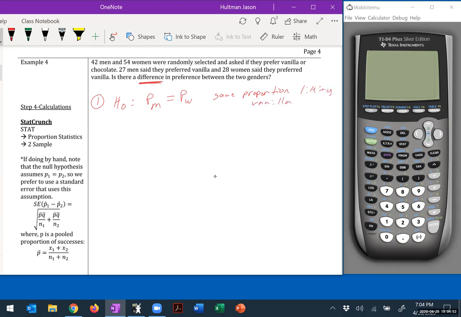Okay, why are we talking about vanilla? Because that's what they give us stats on. They could say 27 men prefer vanilla. We could also talk about the chocolates, but we really don't care. We know that if this isn't true, then we're either going to get less men liking vanilla, which means more women like chocolate, and vice versa.